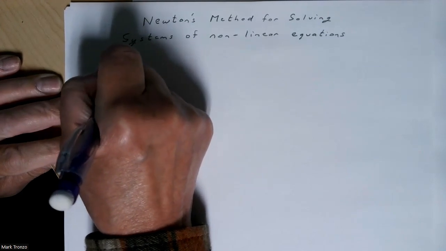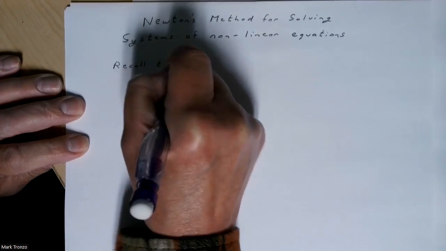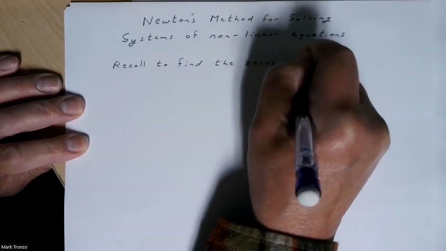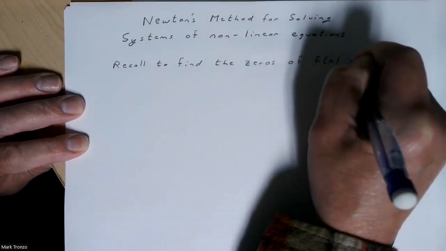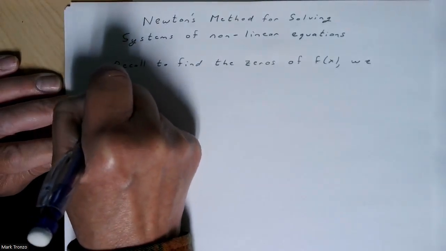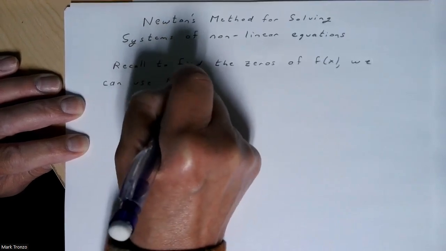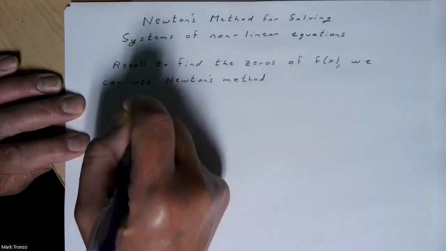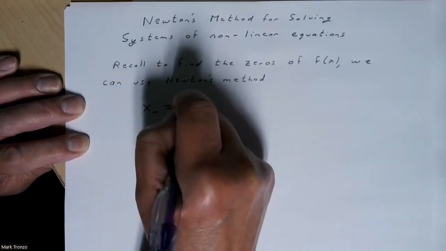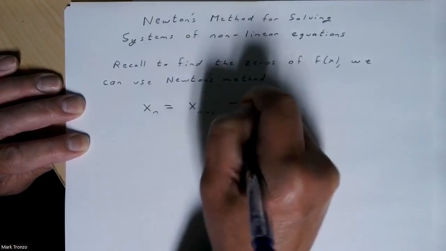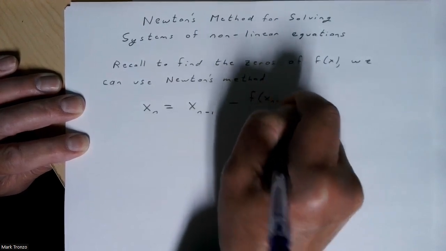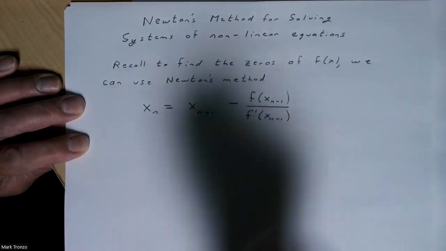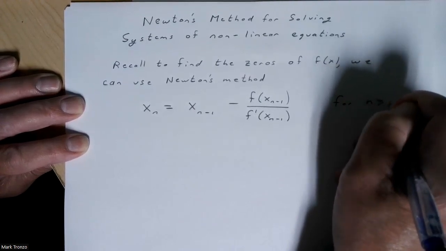And if you recall, for a single equation, to find the zeros of f of x, we could use Newton's method, which says we do it sort of iteratively, like this, for n greater than or equal to 1.